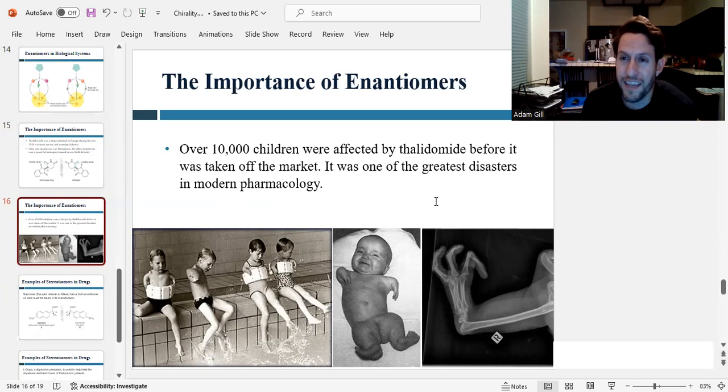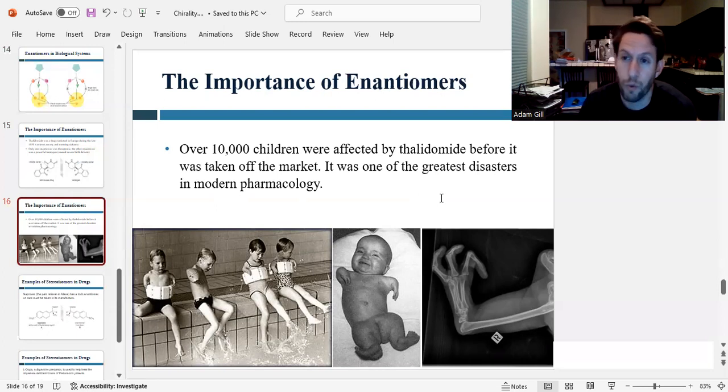There were over 10,000 children affected by this drug before it was taken off the market. Thankfully, there was a chemist in America who worked for the FDA, and he banned it from being allowed in the US. But in Europe, it was a huge problem in the early 60s.